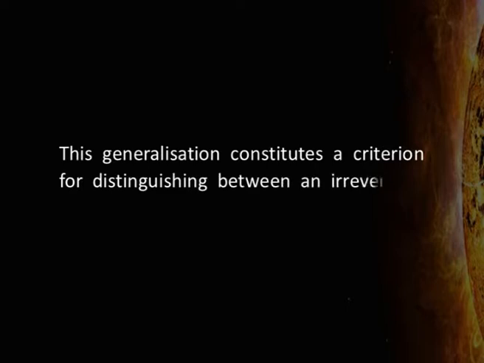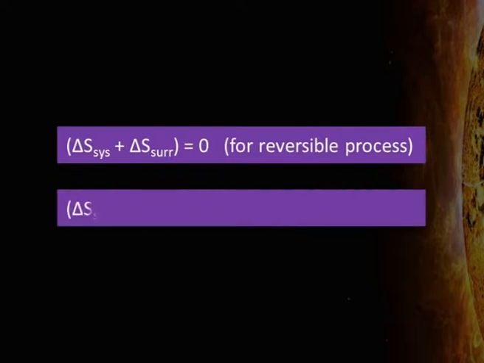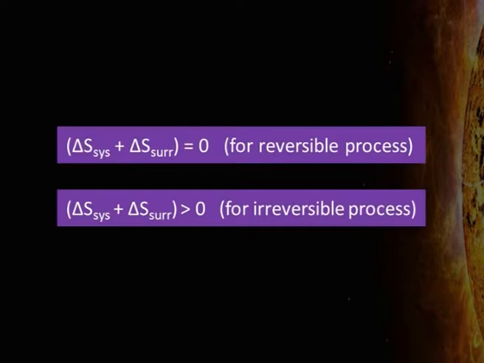This generalization constitutes a criterion for distinguishing between reversible and irreversible processes. Delta S system plus delta S surroundings will be equal to 0 for a reversible process, and delta S system plus delta S surroundings will be greater than 0 for an irreversible process.